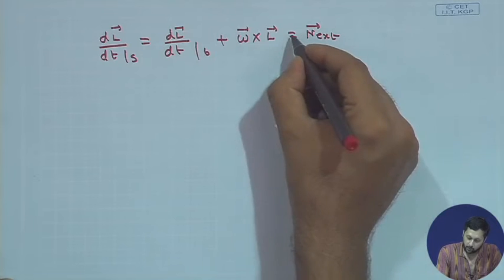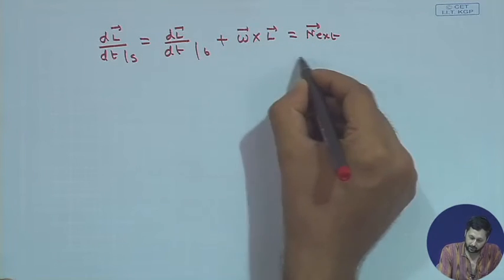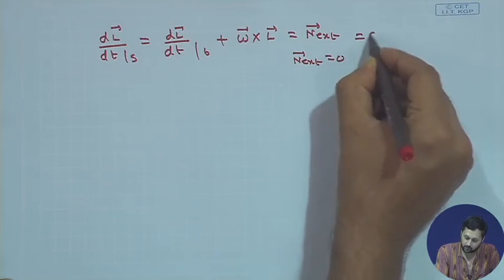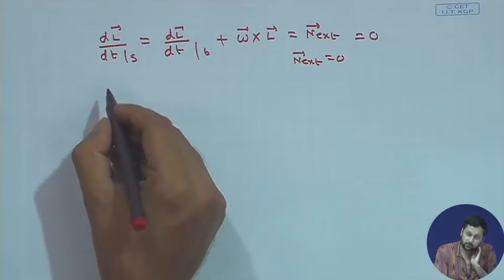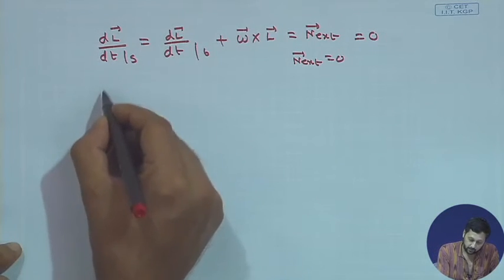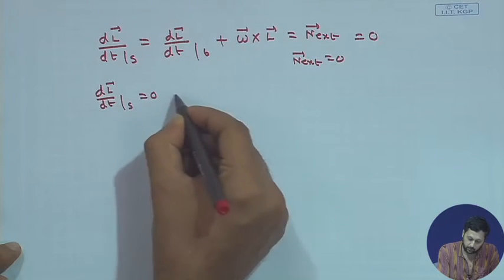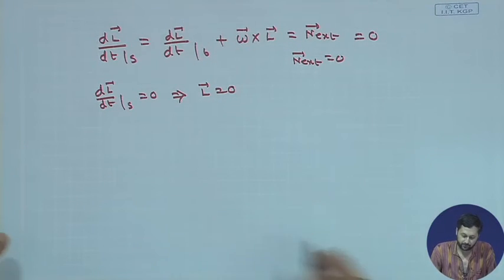Now, in our problem, N external is equal to 0. So, if N external is equal to 0, then this whole thing is equal to 0. And we have already seen that from the space set of axis, (dL/dt) space is equal to 0, which implies L is constant.